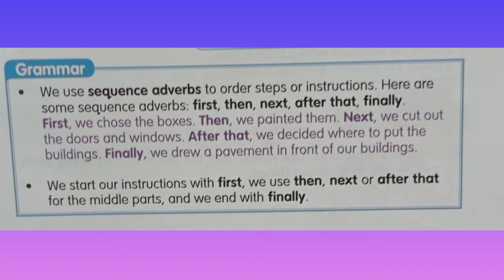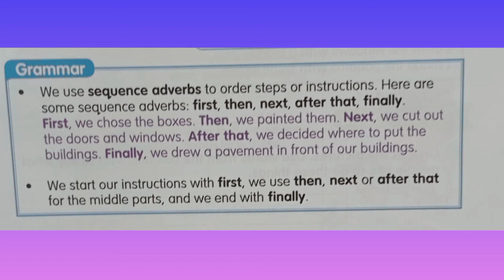We start our instructions with first, we use then, next, or after that for the middle parts. And we end with finally. By putting the sequence adverb, the reader will be easier to understand the steps orderly.